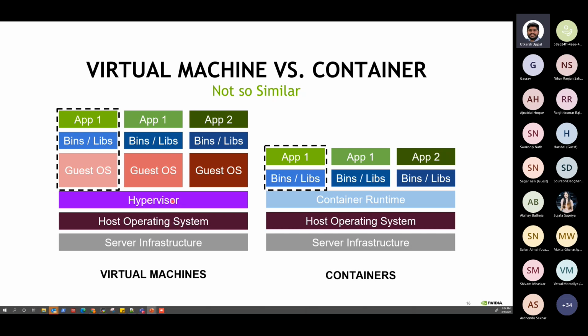A hypervisor is a VMM, a virtual machine monitor. It's software that creates and runs the VMs. So it allows one host computer to support multiple guest VMs, and it shares the resources, by which I mean memory and processing. But the issue with this virtual machine environment is that it's very resource hungry. It takes a large amount of time, and a lot of overhead is needed.